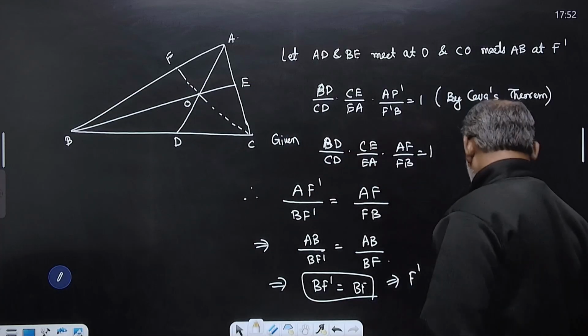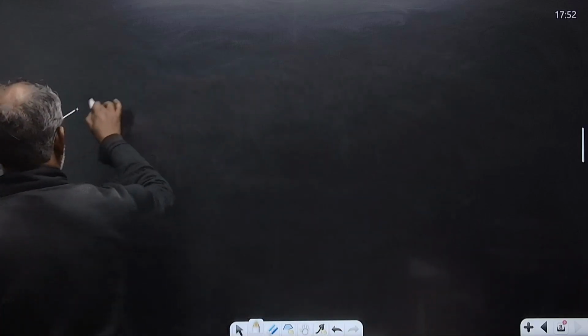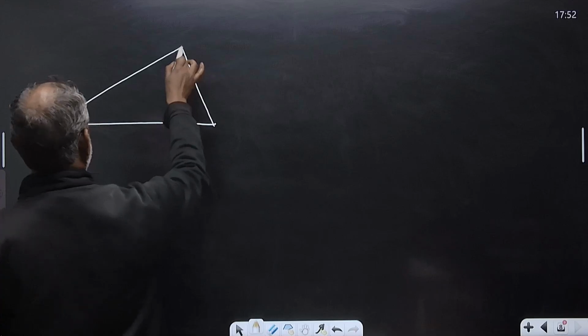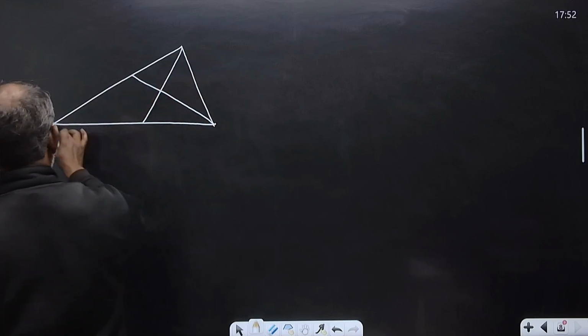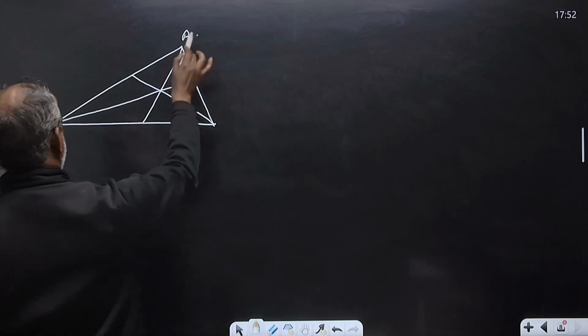So, if you want to prove, say, that medians are concurrent, in fact, initially, if you recall, we just took it for granted that they are concurrent. There are various ways. This is a fantastic way to prove it.